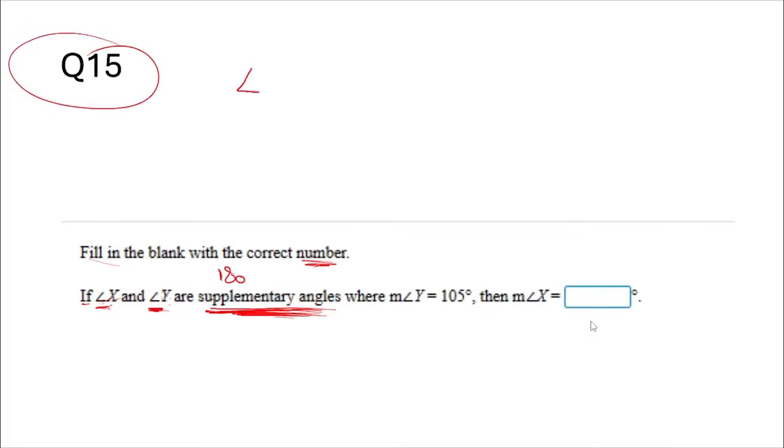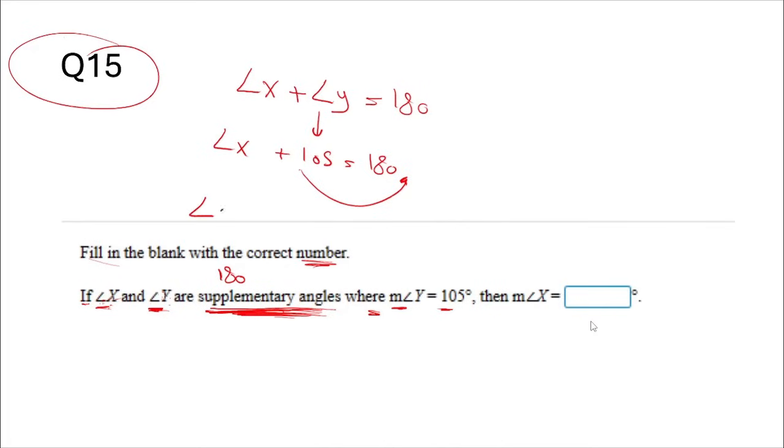That means angle x plus angle y equal to 180 because they are supplementary angles, where angle y equal to 105. What is angle x? Angle x would be 180 minus 105, which is 75. So 75. Very simple, right? Let's move to question number 16.